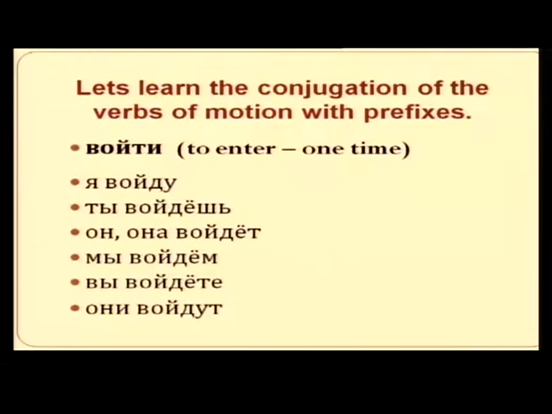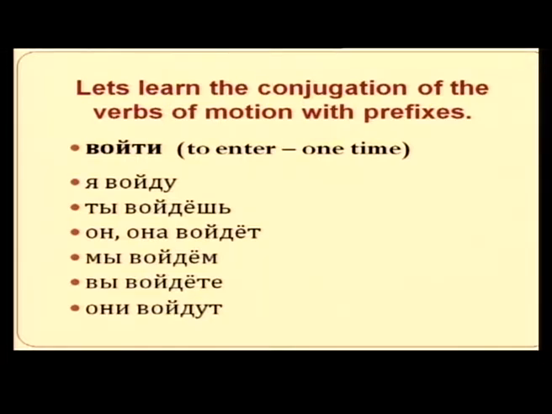Now, as we will be discussing more about the usage of these verbs, it is important for us to understand how to conjugate these verbs of motions with prefixes. Please pay attention while I read it for you. The first verb we will conjugate is войти, which means to enter one time.